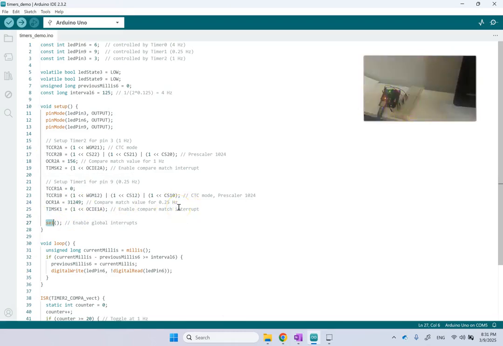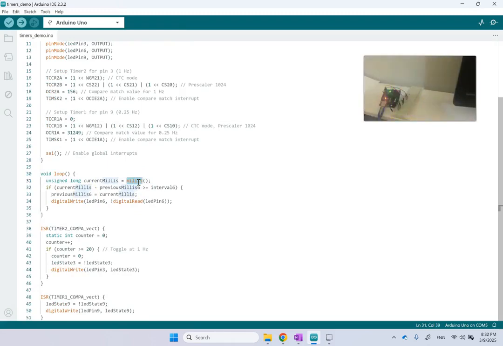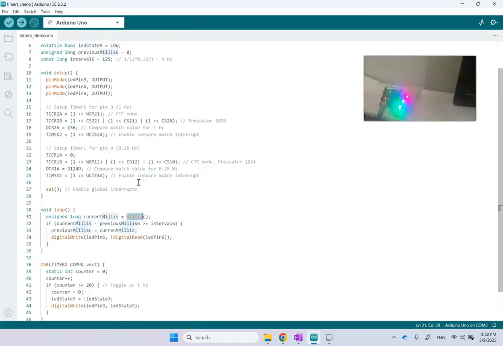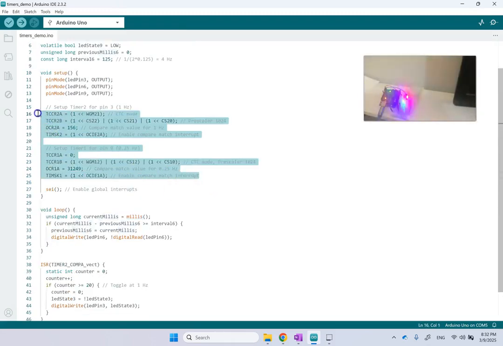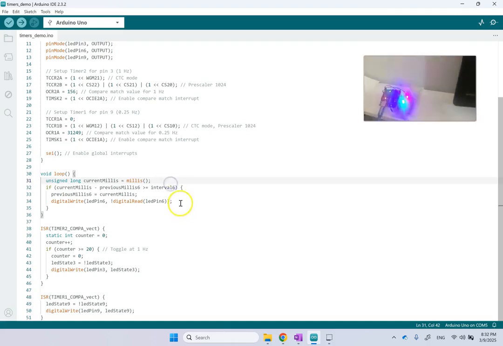Now for timer 0, pay attention, I'm not using timer 0 in any mode here. Instead of using timer 0 individually, I'm using the function millis that is using timer 0. So here I'm using 2 hardware interrupts for 2 of my LEDs, and for the third LED I'm using a software interrupt, a millis.